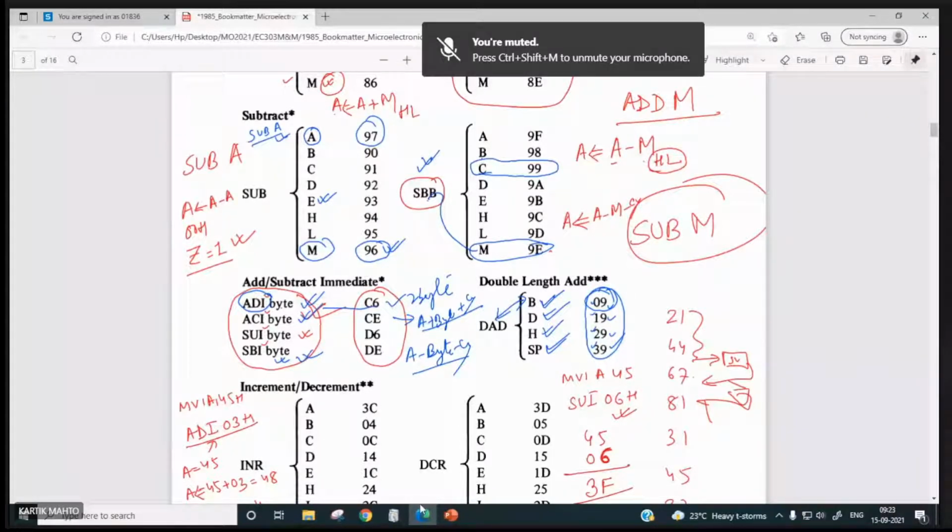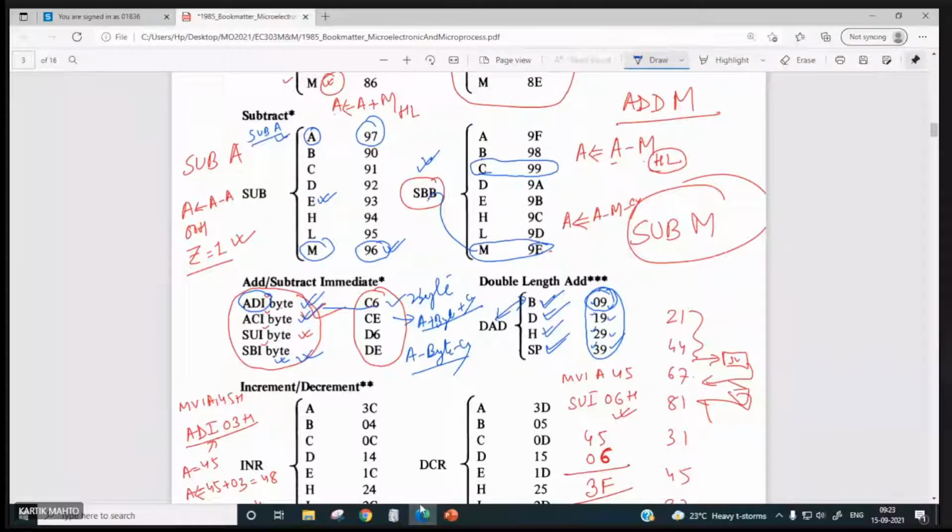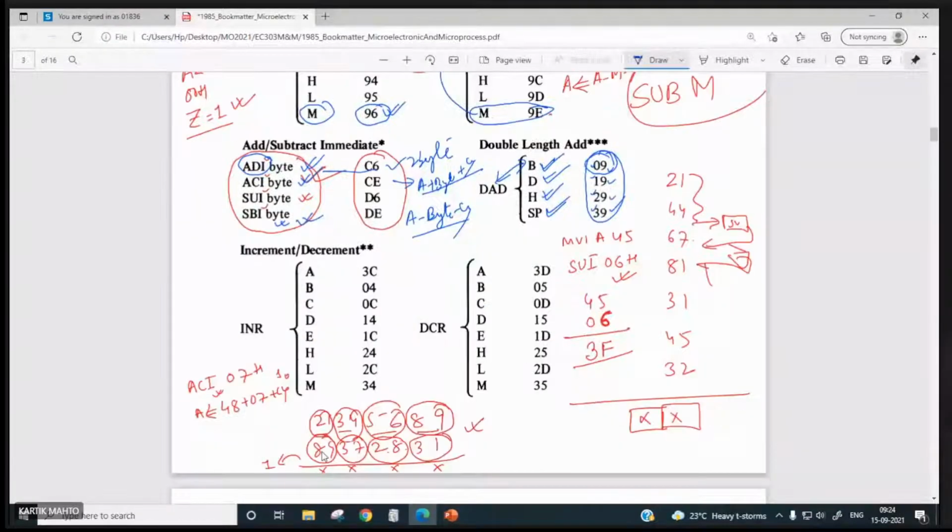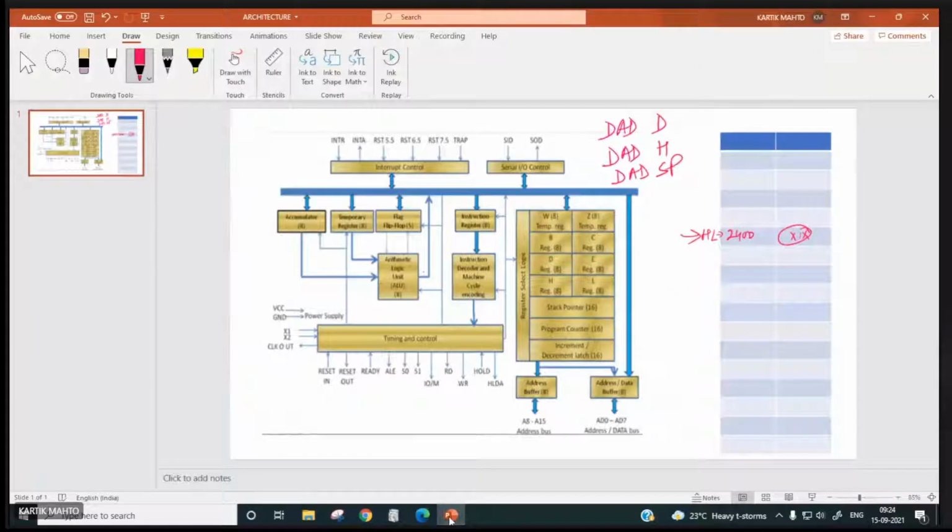Yes, sir. Now we go for the next instruction, INR. I will take the example of say INR E. INR E opcode is 1C. So suppose the INR E instruction comes over here.